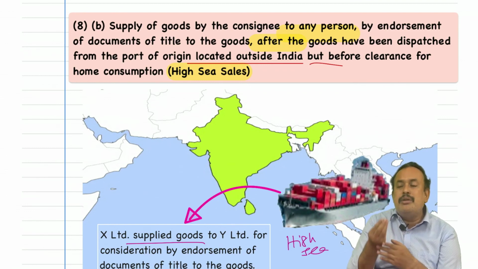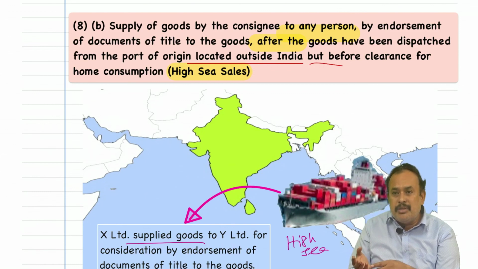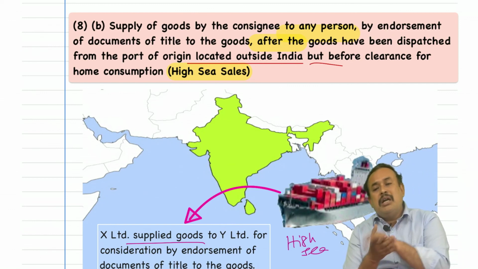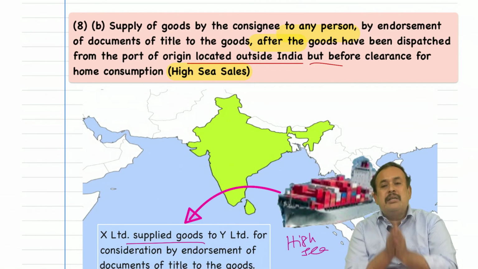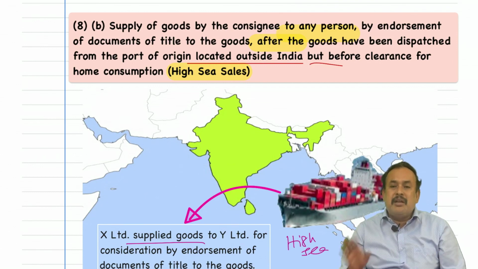Simple: the importer imported the goods, before clearing for home consumption or warehousing, that goods have been sold, title on those goods has been transferred to another person, which is not a supply. These are all the 8 points. Supply excludes, outside the scope of GST, since covered under Schedule 3.